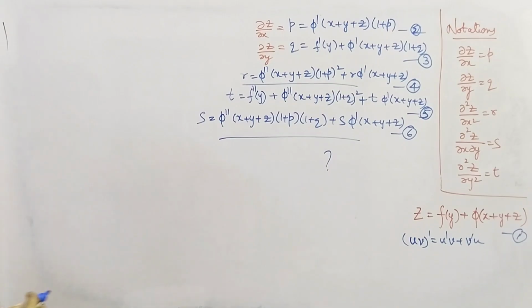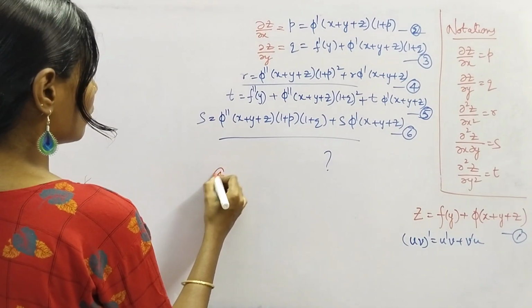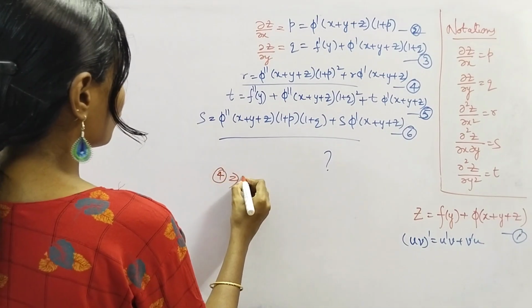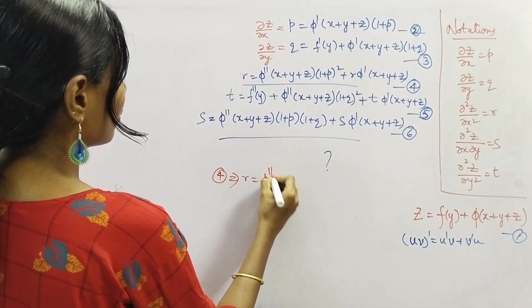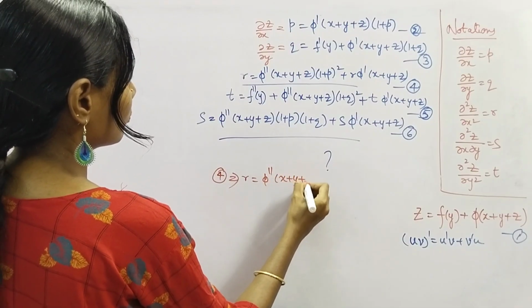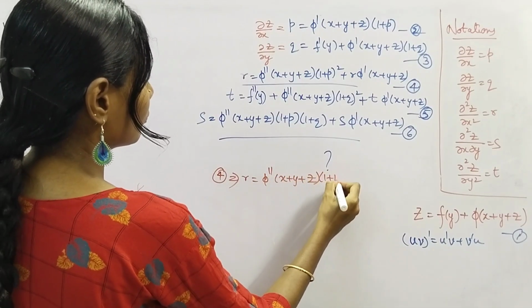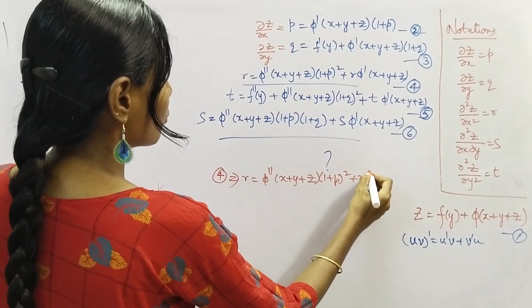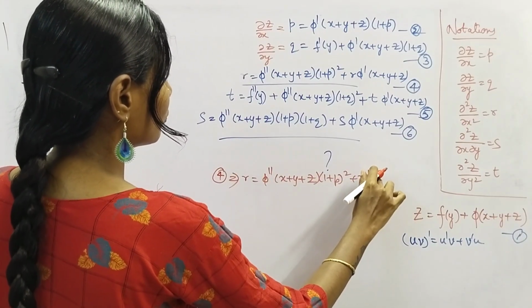So what we are going to do is, we'll just consider equation 4. From equation 4 we have phi dash.